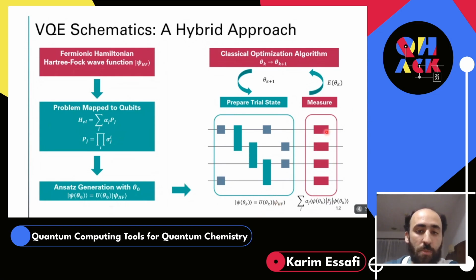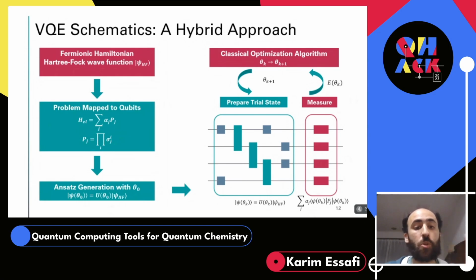Then you take a measurement to find your energy as a function of the parameter theta k, where k is the kth step of your computation. Then you send this back to a classical computer that does the classical optimization and finds the new values of your parameters, which you send back to your quantum computer to restart the process until you find a converged energy.